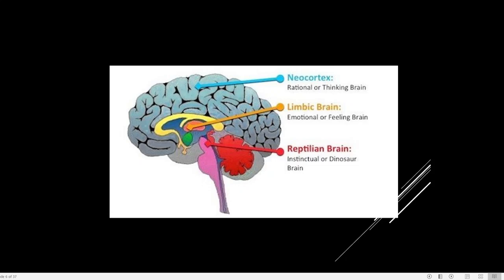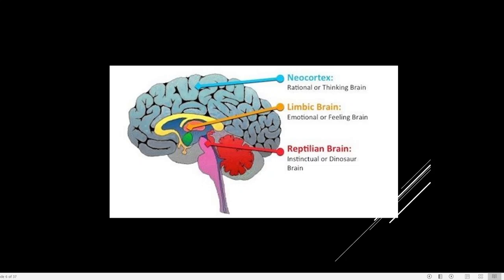That is the cortical region, or the neocortex, which is primarily responsible for rational, logical thinking. It is because of the neocortex that you are able to think properly and take proper logical decisions.